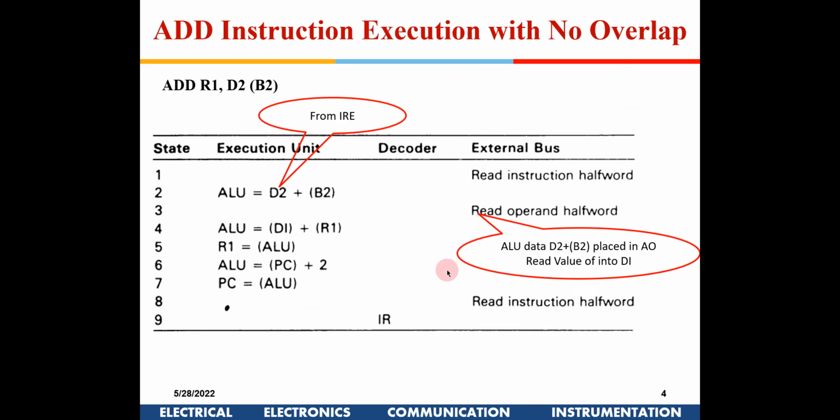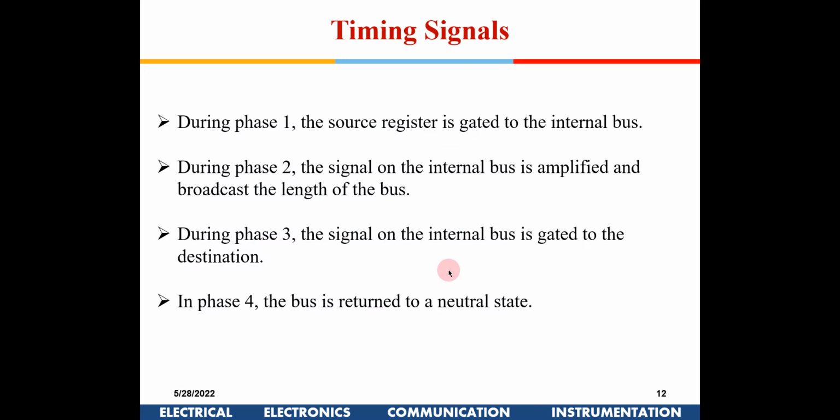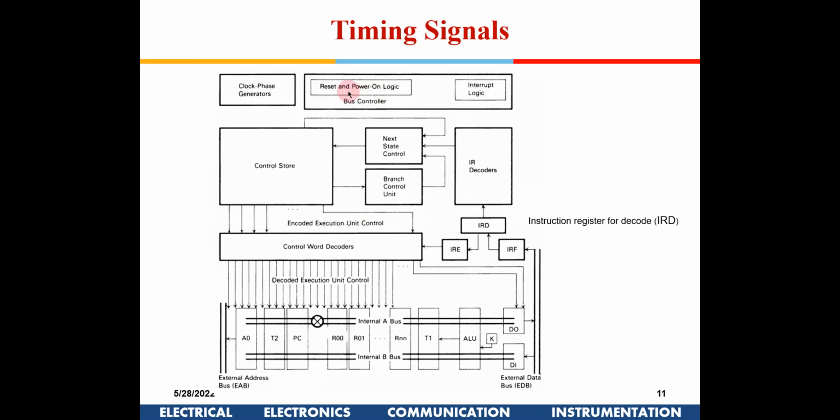By the time this signal gets decoded, I can't update this with the new instruction, because this control word decoder, which is finally given to the execution unit, requires some part of the signal coming from the control store and some part coming from the IRE.